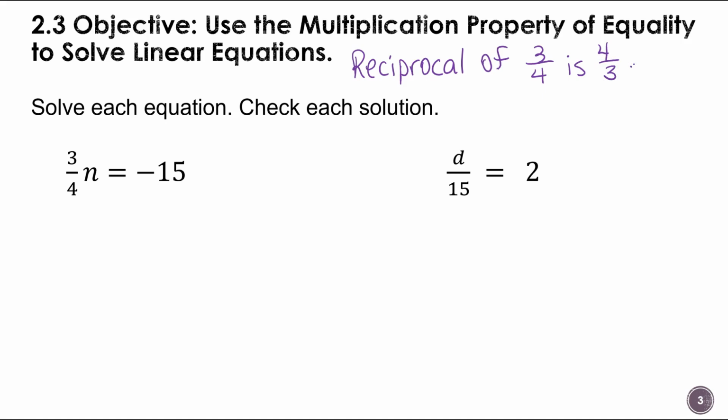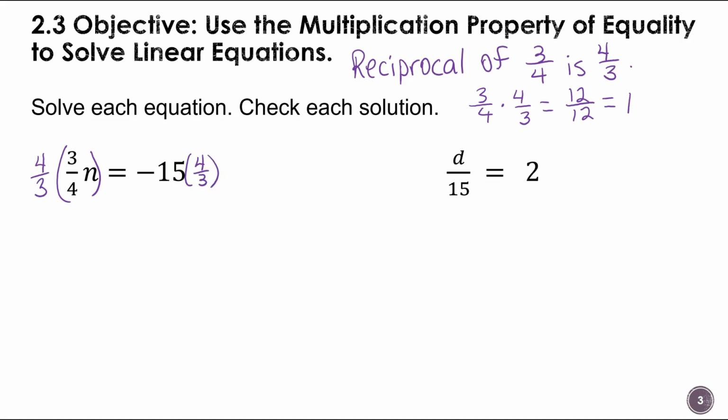You have to remember that. You just flip it. If I multiply 3/4 times 4/3, I get 12 over 12, which equals 1. Therefore, I have simplified my variable to just a 1 in front of it, so I'm going to multiply both sides by 4/3.